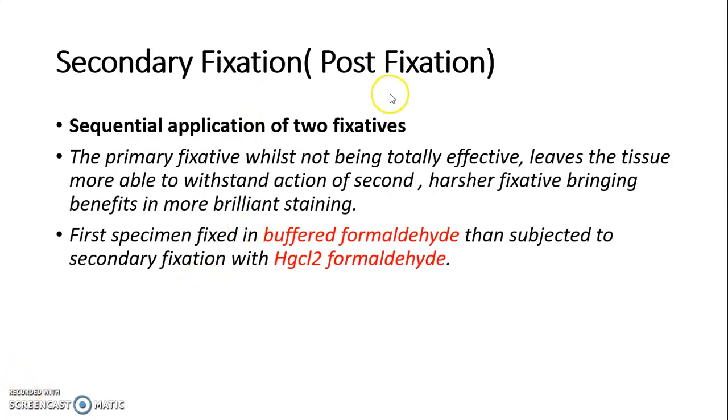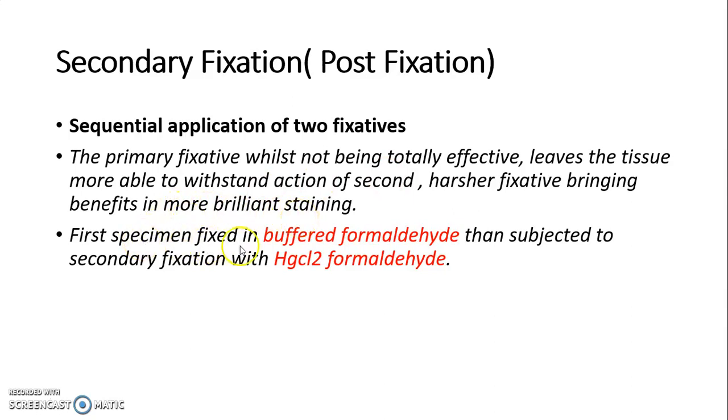Secondary fixation or post fixation. Sequential application of two fixatives is known as secondary fixation. The primary fixative, whilst not being totally effective, leaves the tissue more able to withstand the action of the second, harsher fixative, bringing benefits in more brilliant staining.